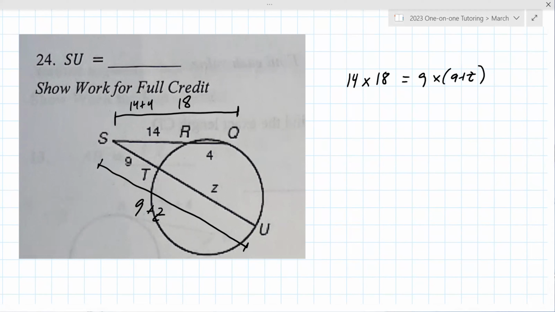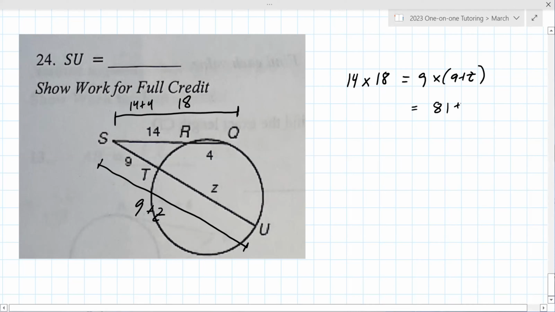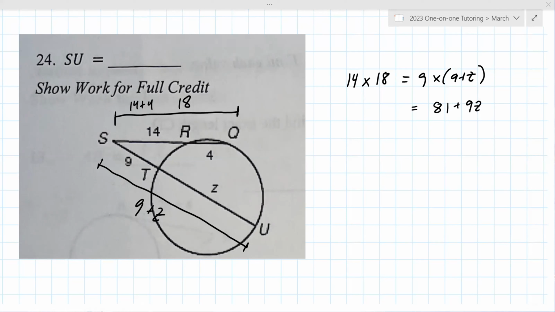If you don't have a calculator here, let me drop this Desmos Scientific in the chat. You may need that for this problem. On the right, it is 81 plus 9z. Where did you get the 14 from? The part, right there.